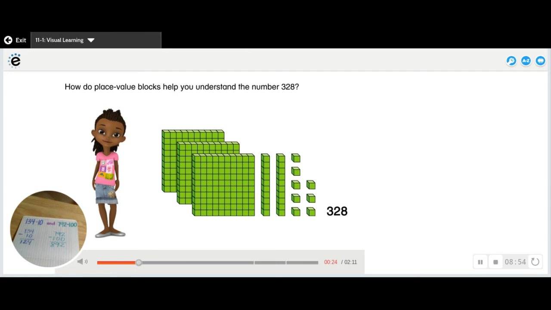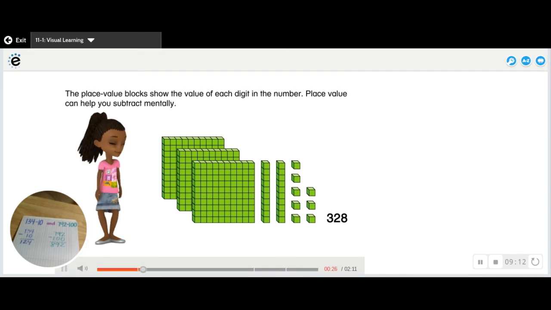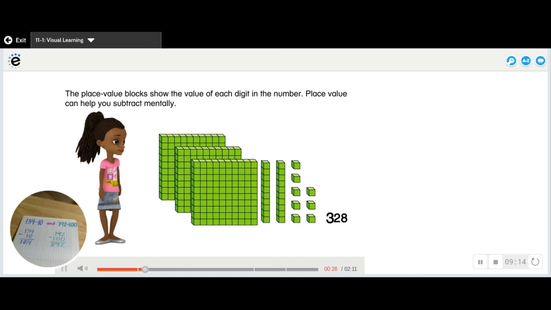The 300 flats show us the value of the hundreds place. And then the 10 sticks show us the value of the tens place. And then our unit cube shows us the value of our ones place, right? The place value blocks show the value of each digit in the number.